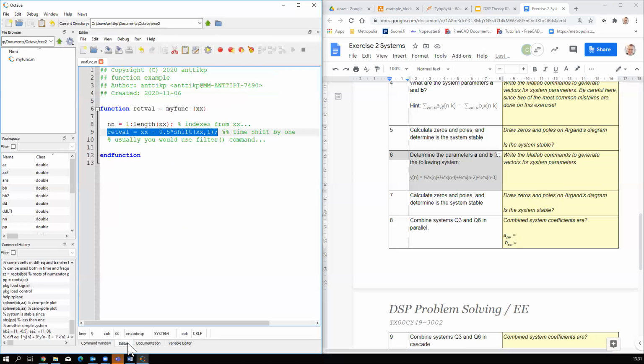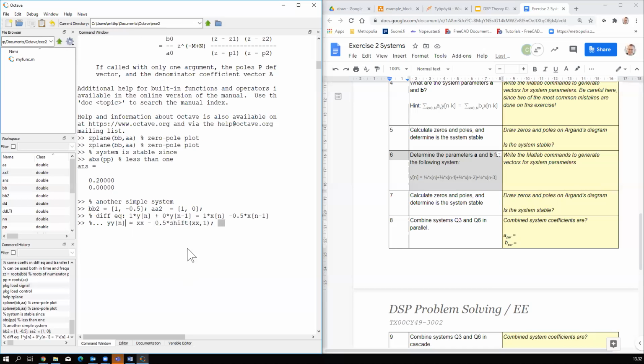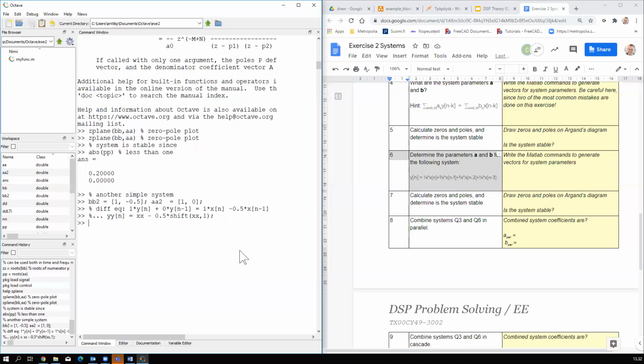Okay, good. So we have this function which returns actually those values, although that was a circular shift. Doesn't matter. Now we can use these to represent the system. Good. So what to do with it?